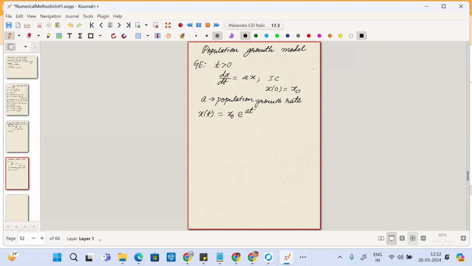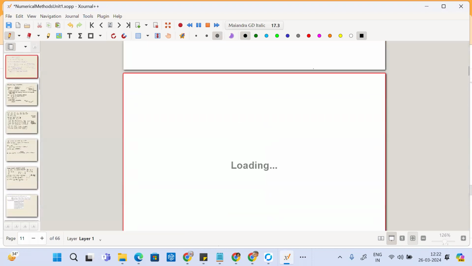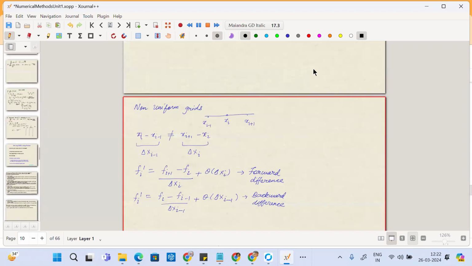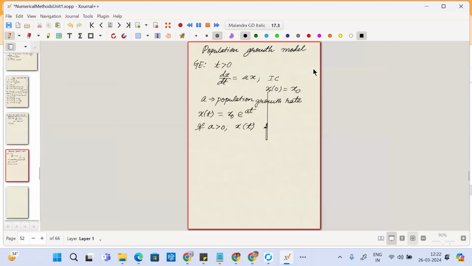If a is positive, what happens to x of t in the long run? So if a is greater than 0, what is the population of that organism x in the long term?